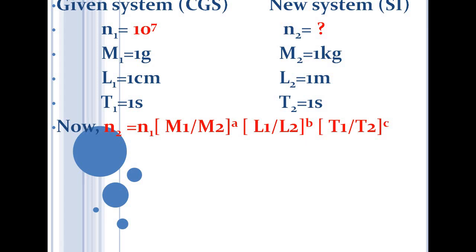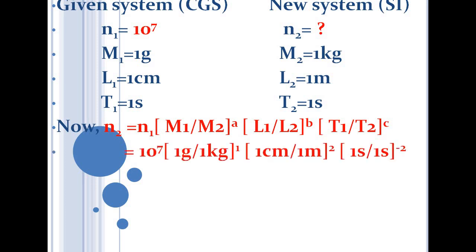Now use the relation n2 equals n1, M1 by M2 power a, L1 by L2 power b, and T1 by T2 power c. Just replace the values: n1 equals 10 power 7, M1 equals 1 gram, M2 equals 1 kg, and so on. Seconds and seconds cancel, and 1 power minus 2 is simply 1. Now 1 gram and 1 kg we can't cancel.